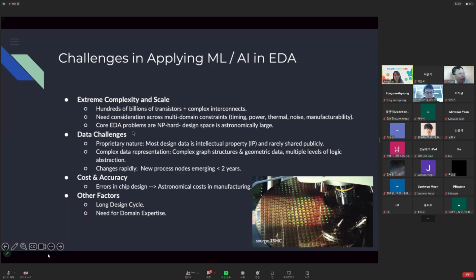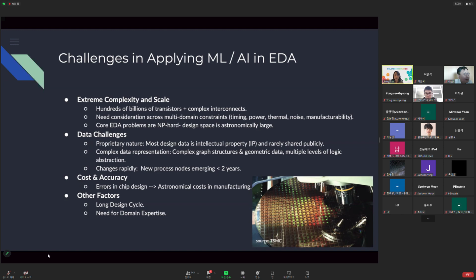So the core EDA problems are naturally NP-hard because of the scale, and the design space is astronomically large. So typically people rely on heuristics, and there are many strategies for each of the sub-steps of this EDA flow.